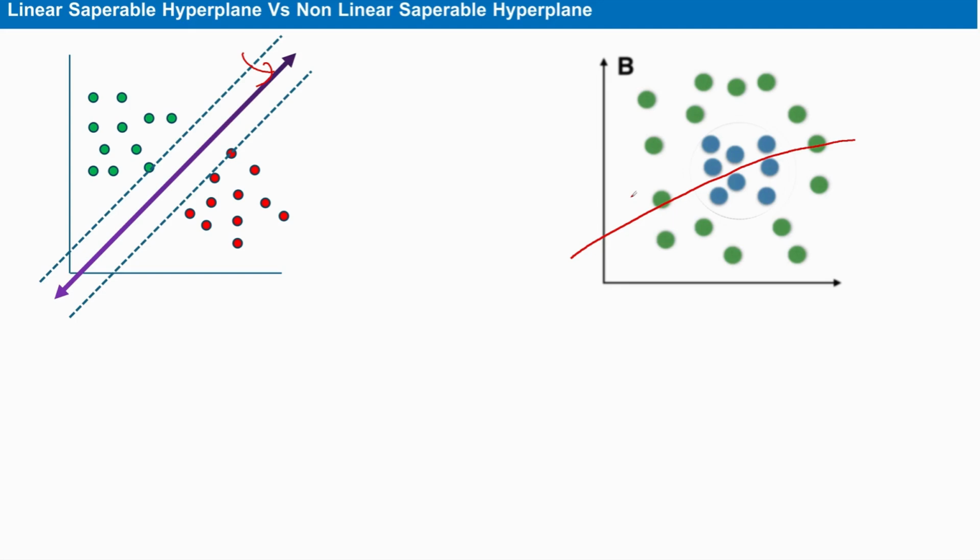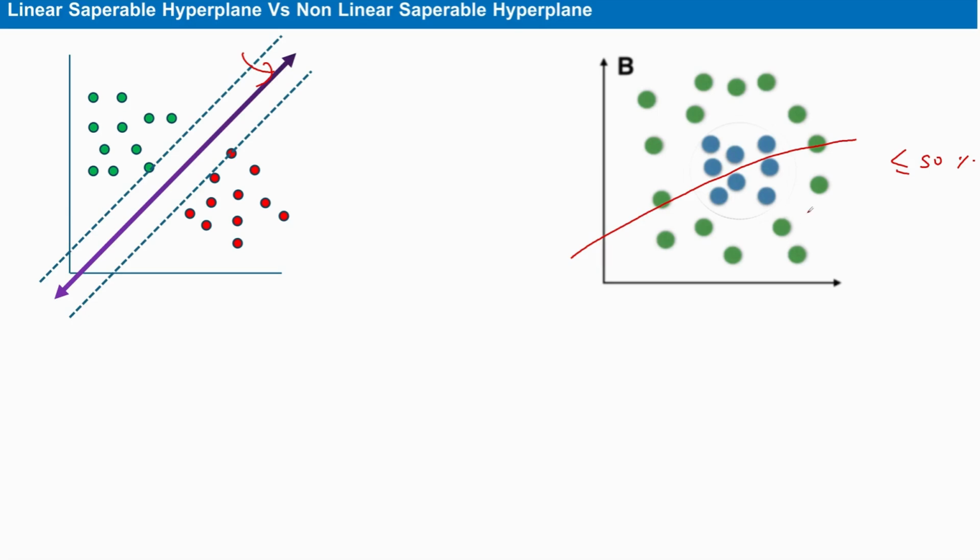If you use this kind of hyperplane, the accuracy you get will always be less than or equal to 50%, because it is not properly separating the positive from the negative.